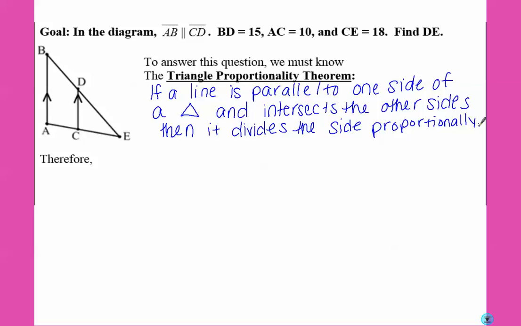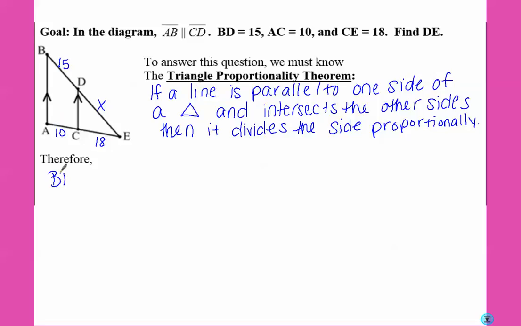So we were told that BD is 15, AC is 10, CE is 18, and since DE is what we're trying to find, I'm going to label that as X. Since it's proportional, this parallel line that's parallel to the bottom of the triangle splits this up proportionally.